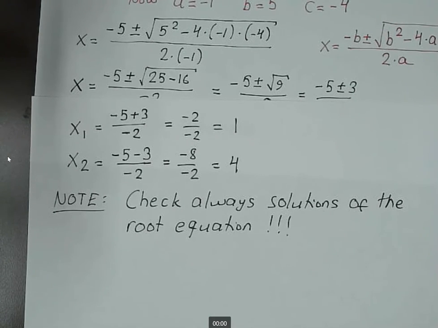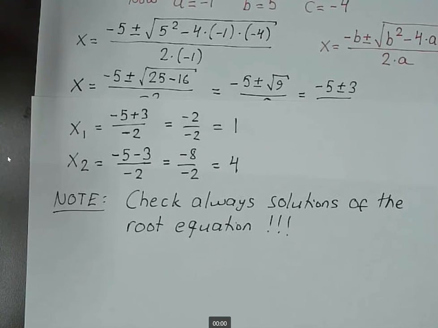Should we write two of them or just one in the answer sheet? Should we just write down the two answers x1, x2, or do we have to find out the most relevant answer for the solution?